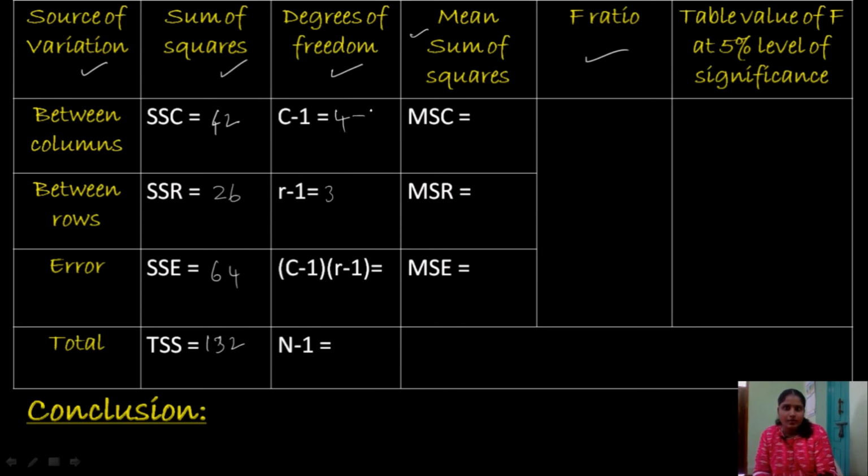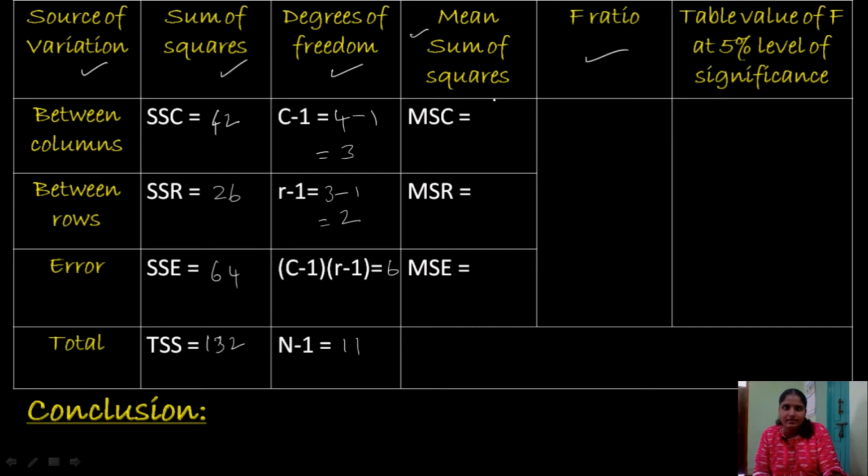So 4 minus 1 is 3, R minus 1, that is 3 minus 1, is 2. And for error, we multiply the value of C minus 1 and R minus 1. So 3 multiplied with 2 we get 6. And this total would be equal to N minus 1. Let me check. 6 plus 2, 8 plus 3, 11. Yes. So totally N value is 12. So 12 minus 1 is 11. So this total is equal to 11.